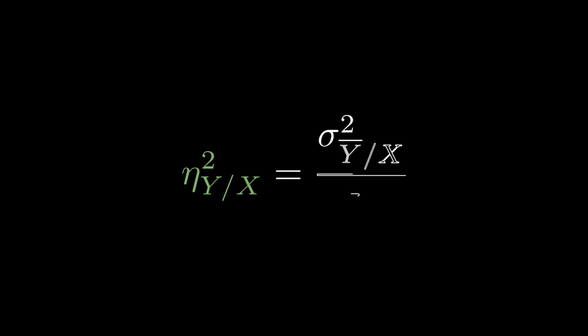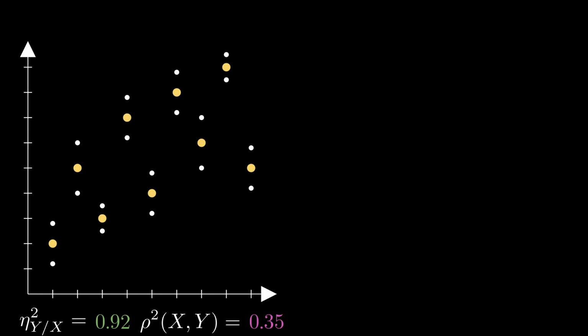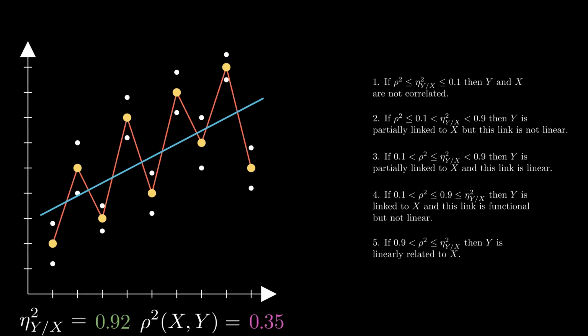By taking the explained variance and dividing it by the total variance, we get a powerful new parameter, the Pearson correlation ratio, or eta squared for short. While rho measures how well your data fits a straight line, eta measures how well your data fits the curve of the conditional means.